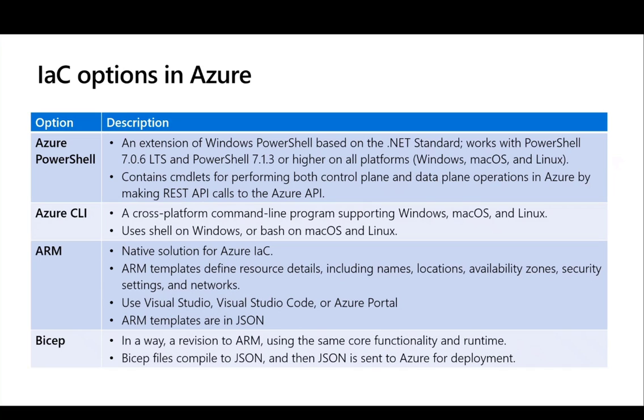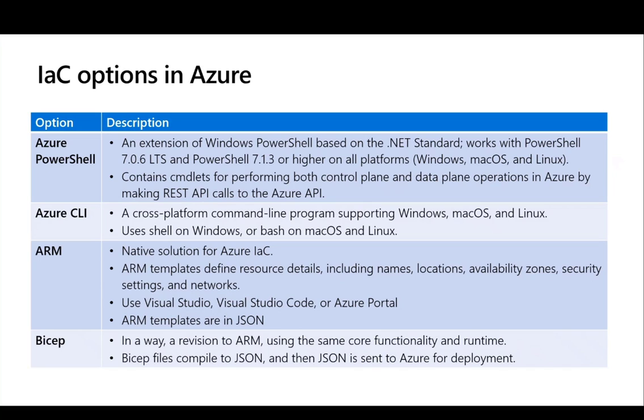You can use different tools to write the code. For ARM templates, we have support for Visual Studio Code, or even the Azure Portal. The code for ARM templates is written in JSON. Now, recently, we also introduced Bicep. Bicep, you can think of in a way, as a revision to ARM templates, or Azure Resource Manager, because it provides the same core functionality and same runtime experience.